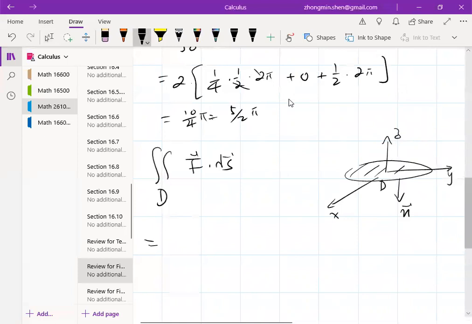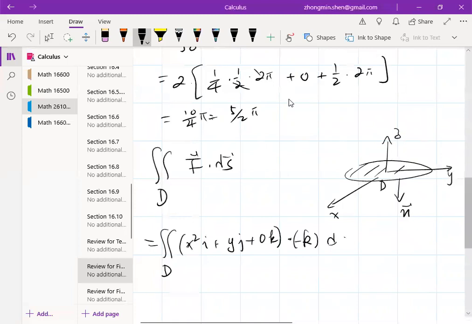So for this surface integral, how do you evaluate it? Over this surface, on the disk, F is going to be just x squared i plus y j, and z is going to be 0 now. Then the normal vector is going to be negative k.